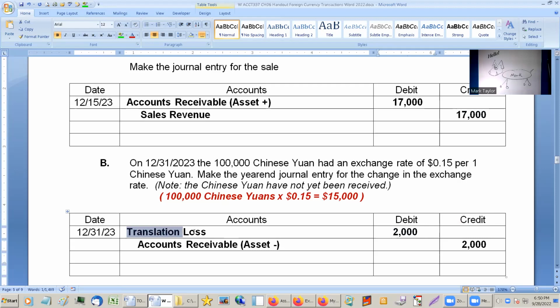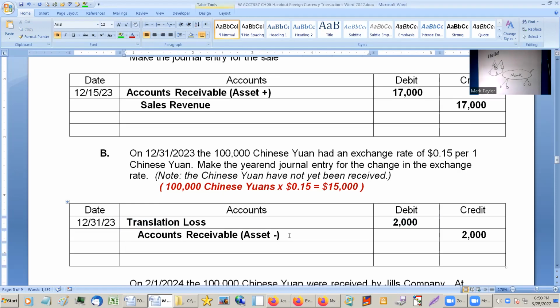But they like to break that out separately so that they know that, look, this loss didn't come from some failed doing or something like that. It came from a translation. So they try to keep those separate. But what you said would absolutely come out. Your income would be exactly the same if you took it out of sales, because this will be subtracted from the sales revenue when you do your income statement.